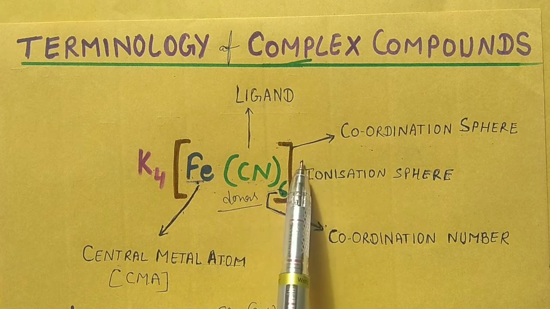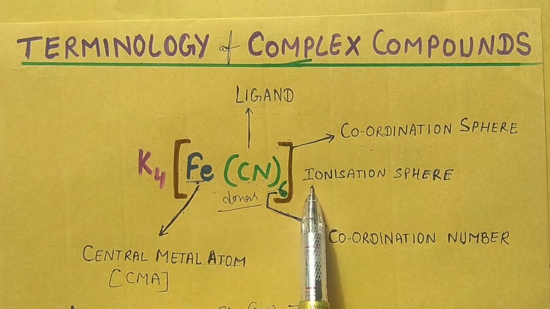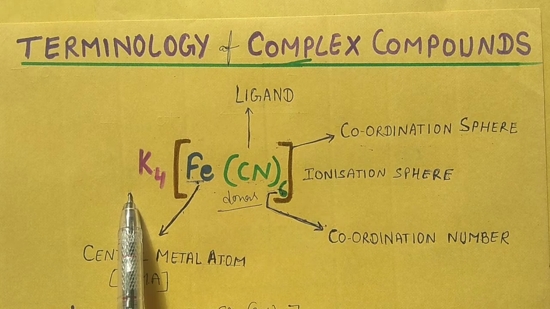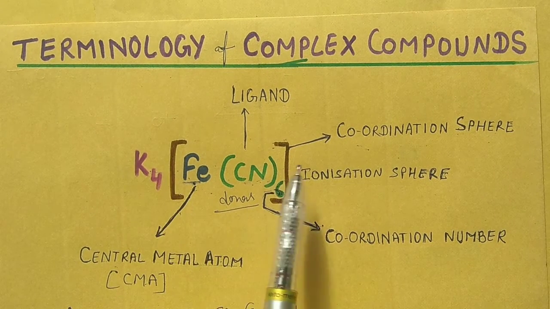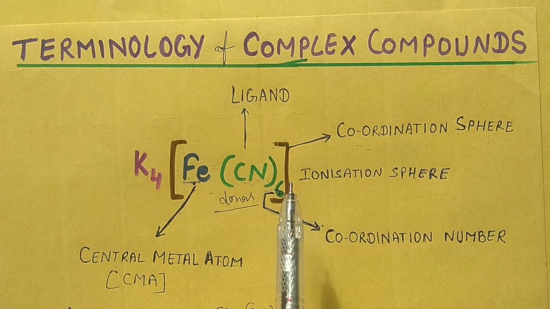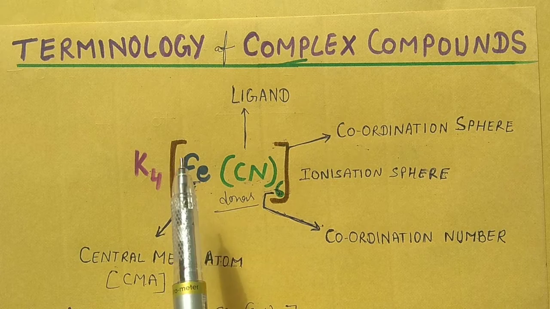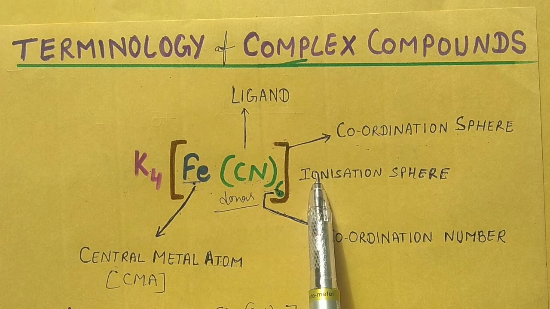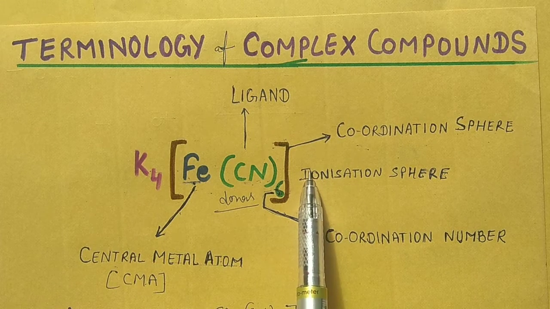The part outside the coordination sphere is the ionization sphere. As we have seen in hydrolysis reactions, the part outside the bracket always ionizes, so this sphere is known as the ionization sphere. It can be before or after the coordination sphere.